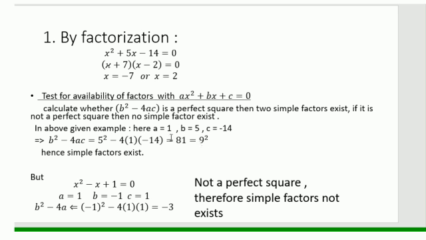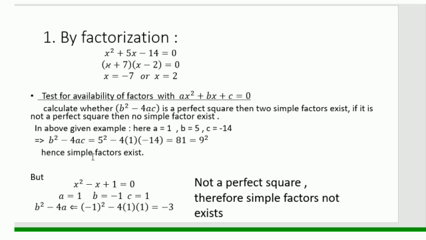So this is a perfect square, which means the test is verified. If the discriminant is a perfect square, 100% confirmed, two simple factors exist.